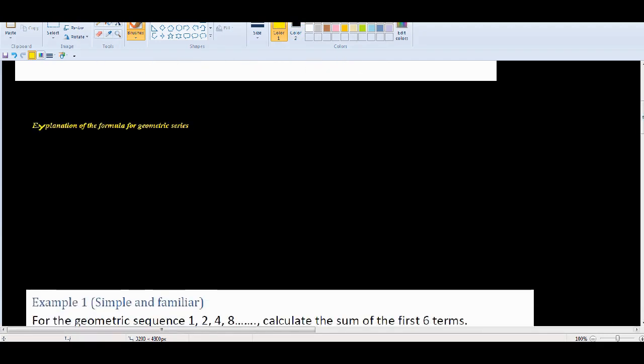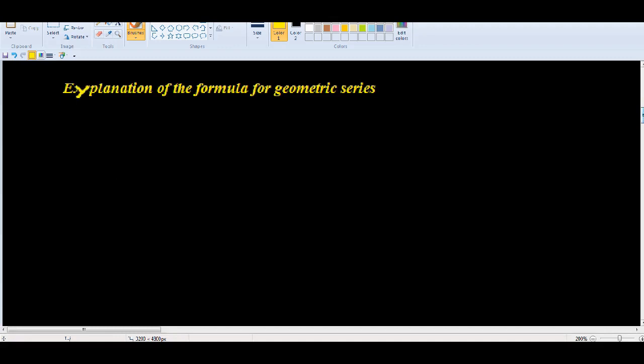Okay, so let's write a general expression for a geometric series. For a geometric series, we understand that the first term will be T1 plus T2, right? T2 will be T1 times R. How about T3? It will be T1 times R squared, right?